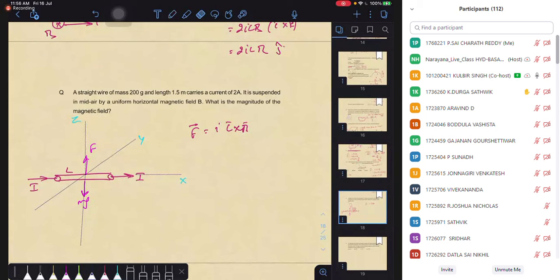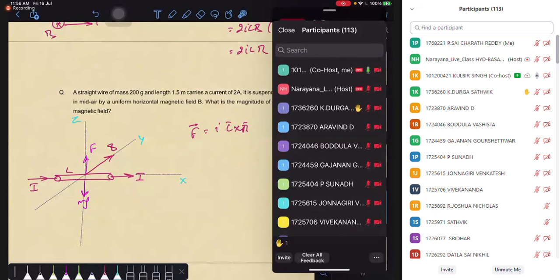So the field must be in the y direction. The question is not asking the field direction, but you should always know the direction. This chapter is mainly about the directions.